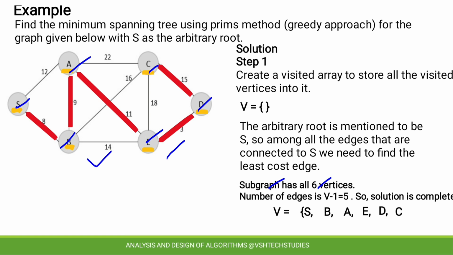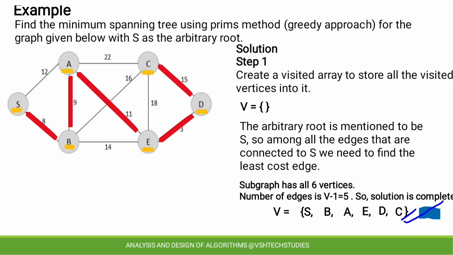Now in the subgraph we have all the 6 vertices, and the edges present are 6 minus 1, which is 5: 1, 2, 3, 4, 5. So the procedure is completed. So the MST vertices list is completed. So this is our final solution.